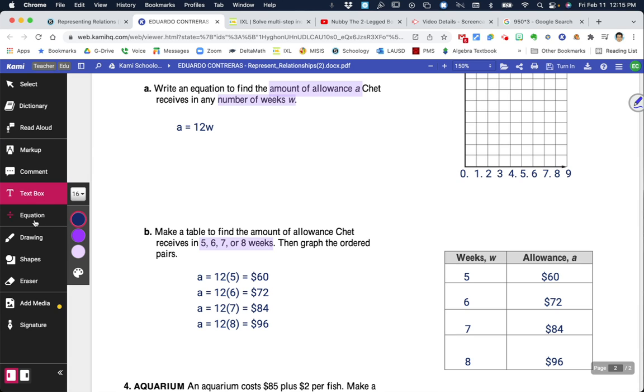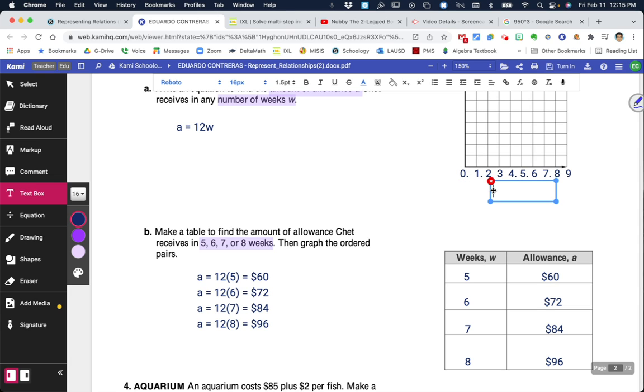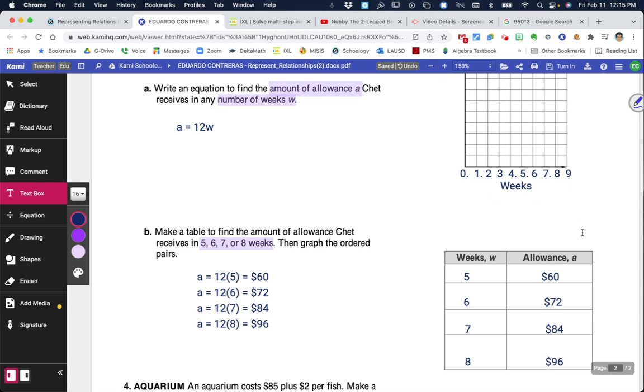So I'm going to go back to the text box, and underneath here, we'll just label this with weeks. It's very important on these graphs, it's not just a regular old graph with X and Y that we normally do. This one is telling us something, and we have to explain what it is we're saying. Weeks. And we'll do the same thing on the other side when we do allowance.